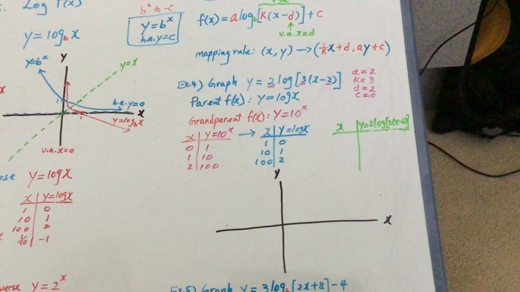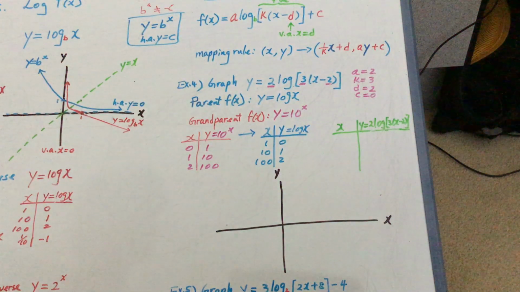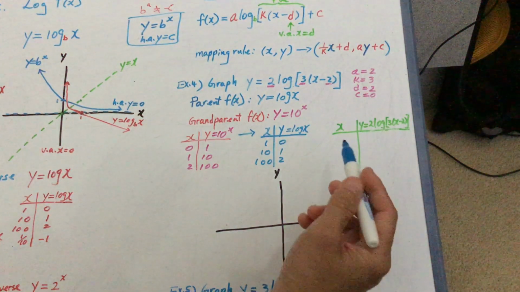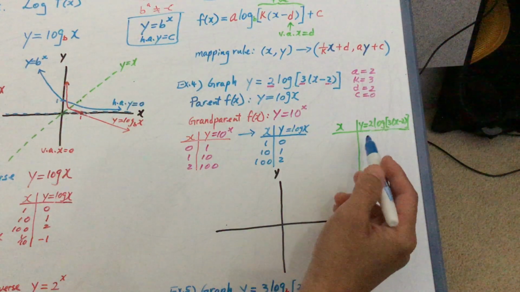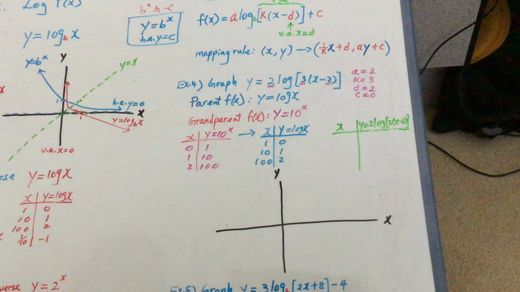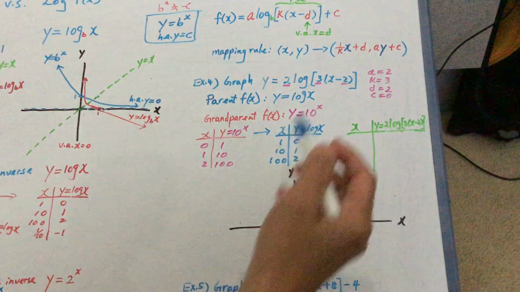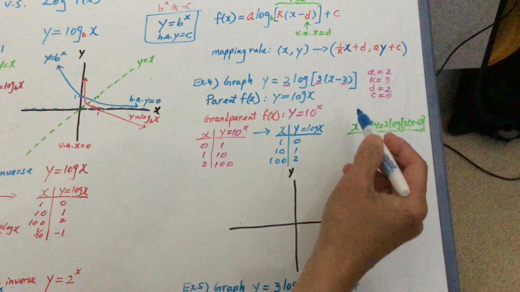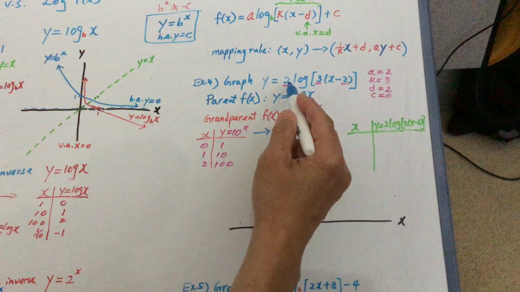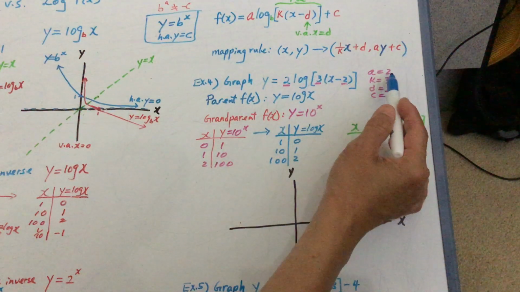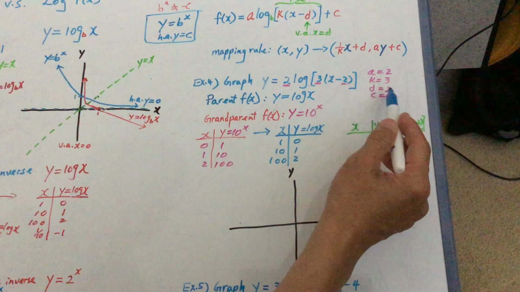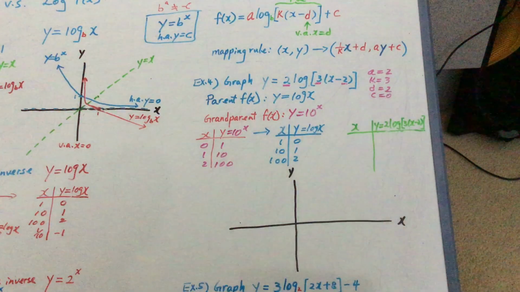We are going to graph something with the transformations on it. Once I have all of this, I'm going to give myself the table values for the function that I'm asked to graph. For this function, I have a is 2, k is 3, d is 2, and c is equal to 0.